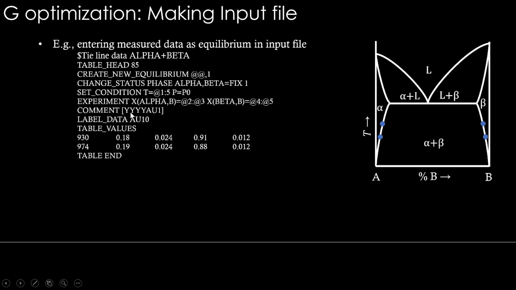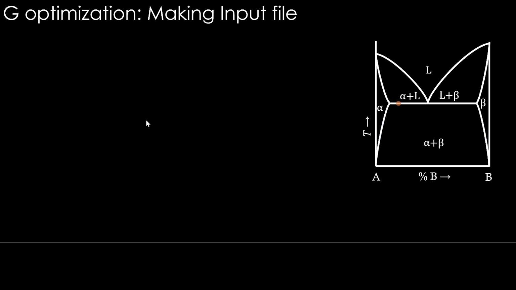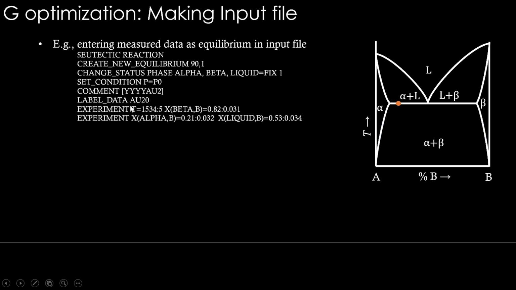This kind of comment you can use. This is also in a way referring to this particular data set. Okay, and we can also use label data, AU author 10. So that's how this label is given for this particular data set. We can use these things to refer and call this data set. Right. So here also we have this label data and comment symbols.